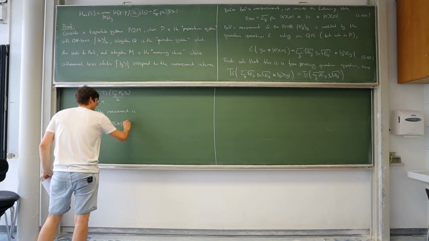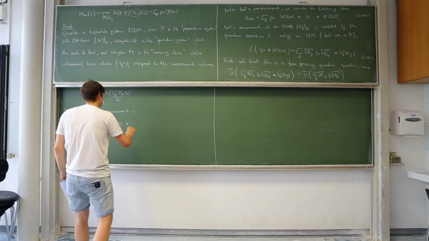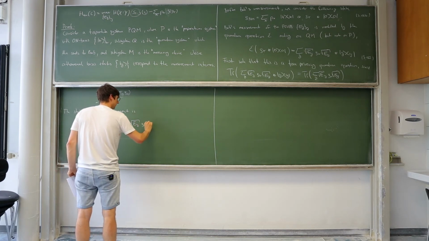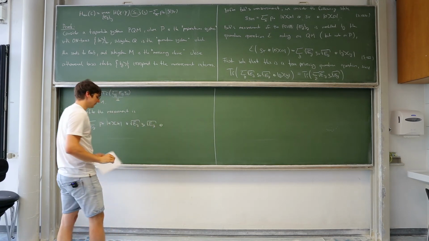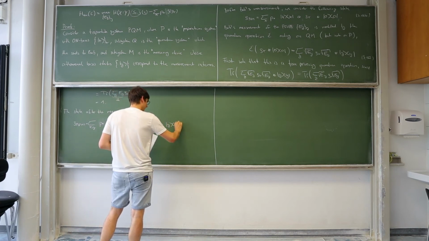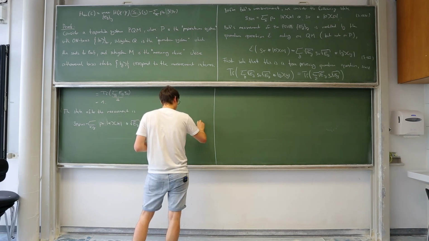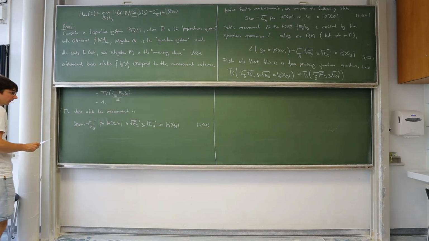And then our quantum system changes to square root E_y rho x square root E_y, and the measurement device is in Y. Okay.